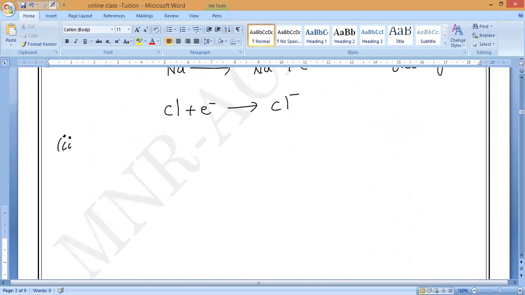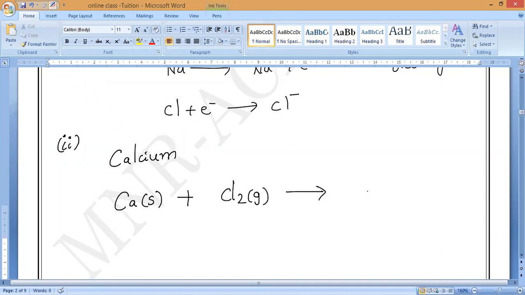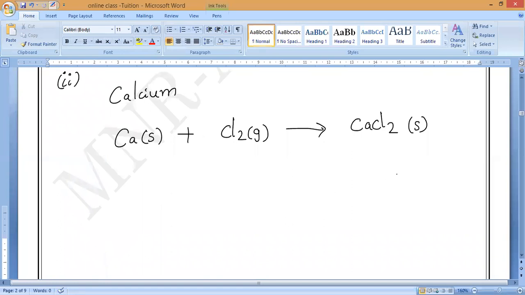Next one, reacting with calcium. Calcium, right, everybody? What is the calcium symbol? Ca. Solid state. Reacting with which gas? Calcium reacts with chlorine gas, Cl2, and CaCl2 forms. What are the products here?